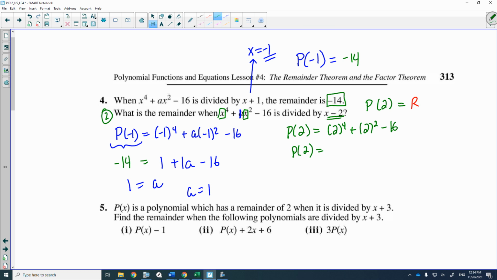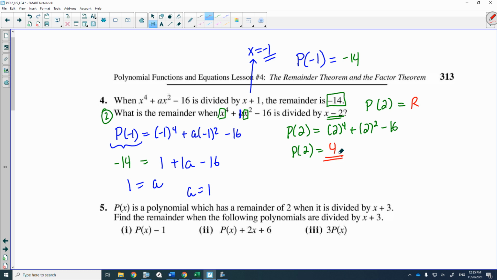And what you're going to have is the remainder for this is going to be 4. So the missing a value is 1, and the remainder is going to be 4.